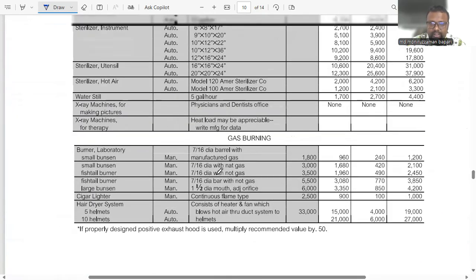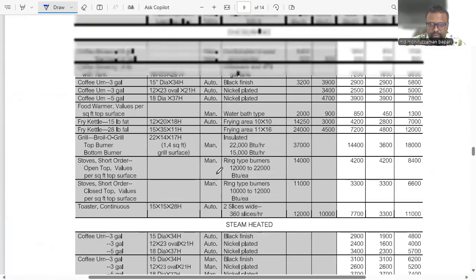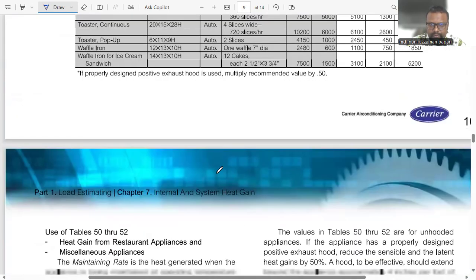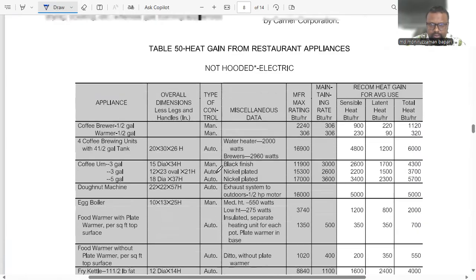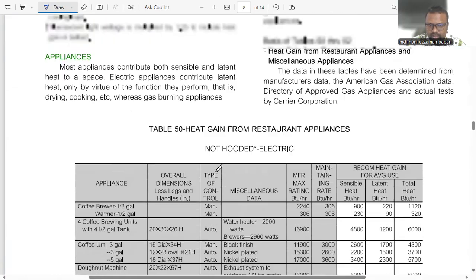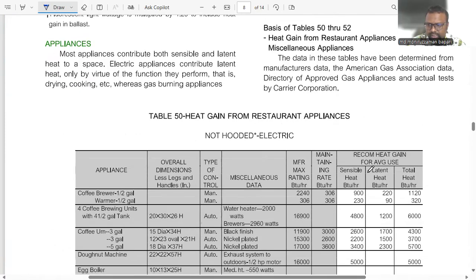Everything is in here. If you can't find your particular data, you can look at ASHRAE or the manufacturer's data sheet.